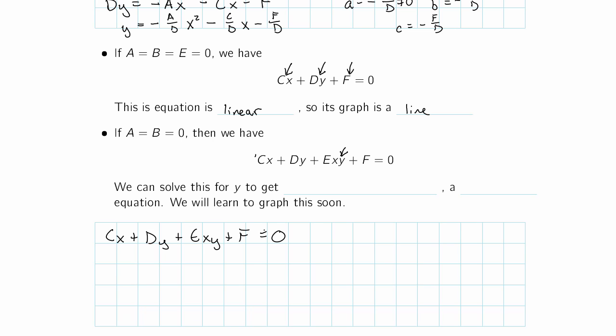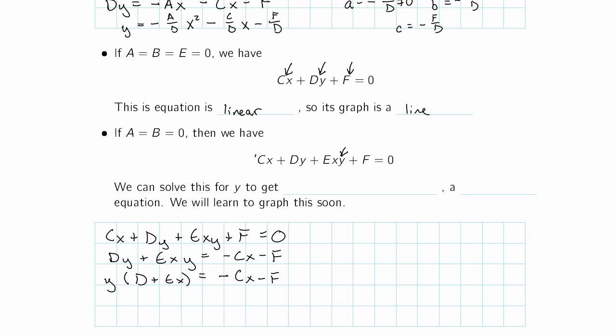I'll collect all the terms with y's in them on the left, all the terms without y's on the right. dy plus exy equals negative cx minus f. On the left, if we factor out the y, we have y times d plus ex, and on the right we have negative cx minus f.